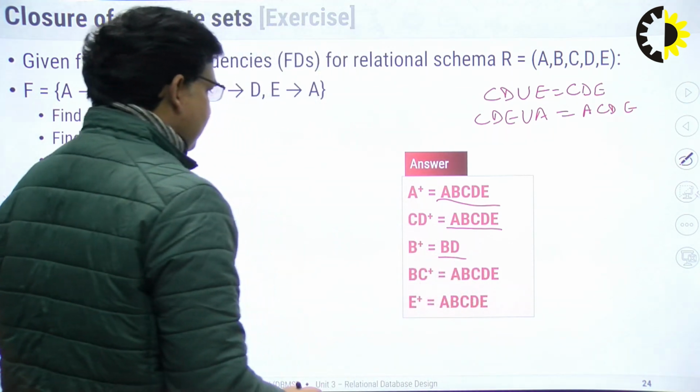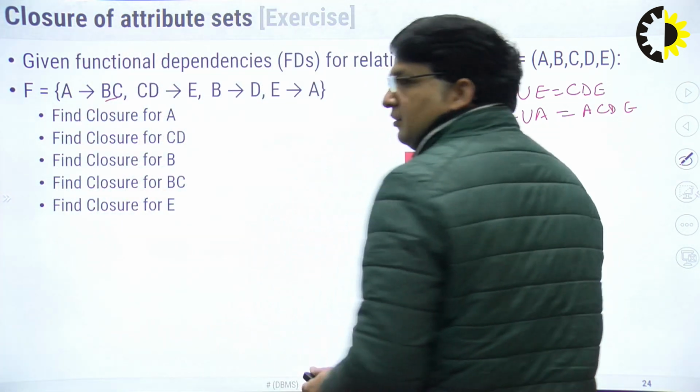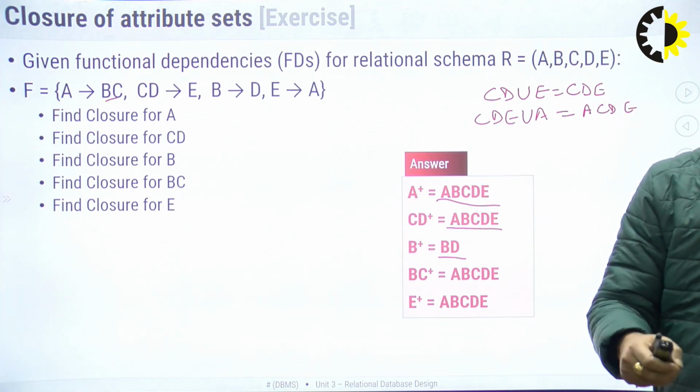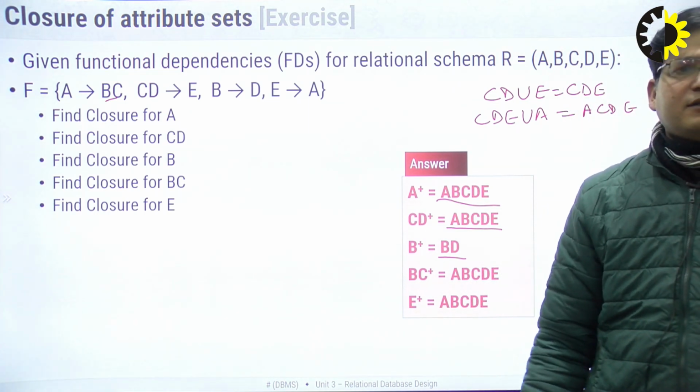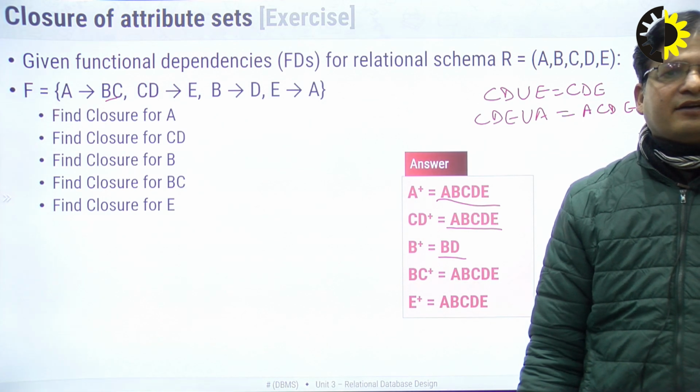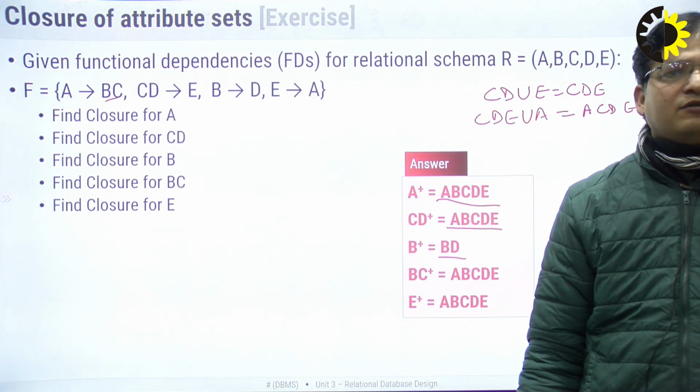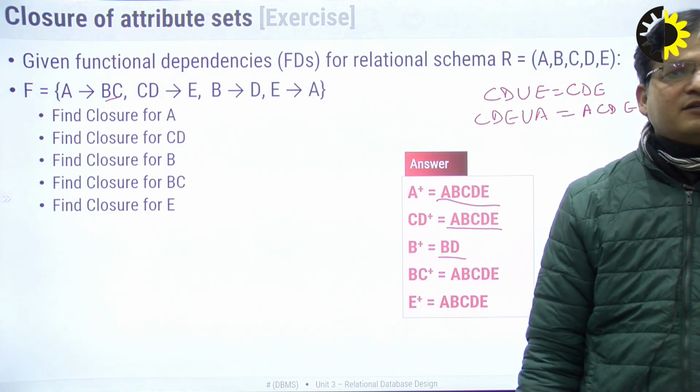Similarly, the closure of BC is A, B, C, D, E, and the closure of E is also A, B, C, D, E.